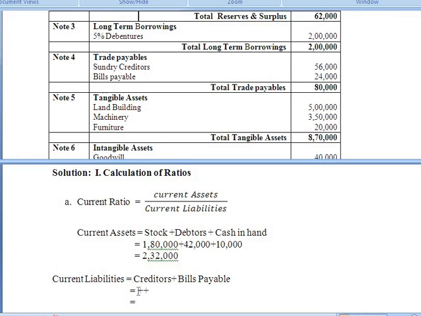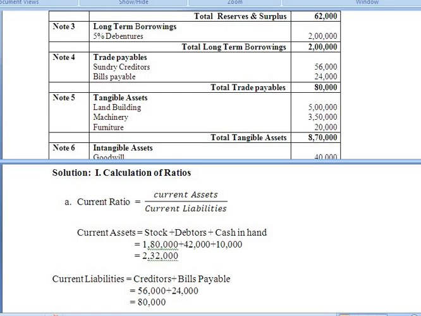The amount of sundry creditors is 56,000, plus bills payable rupees 24,000. Current liabilities include creditors and bills payable. So 56,000 plus 24,000 is equal to 80,000. Current liabilities is rupees 80,000.